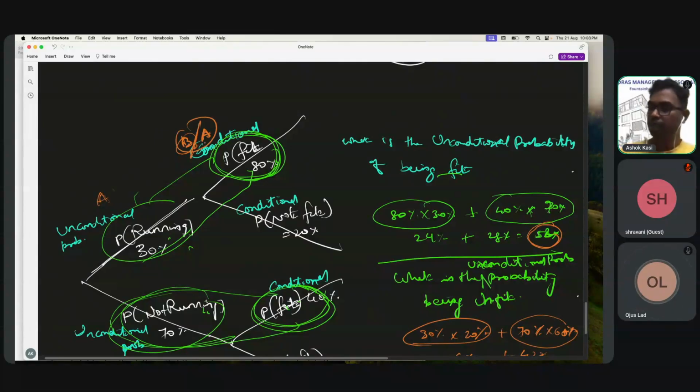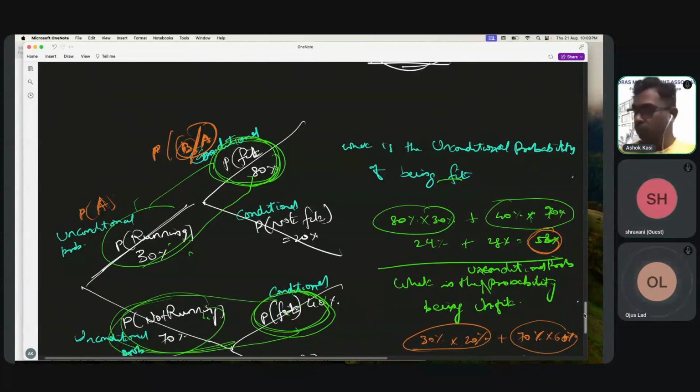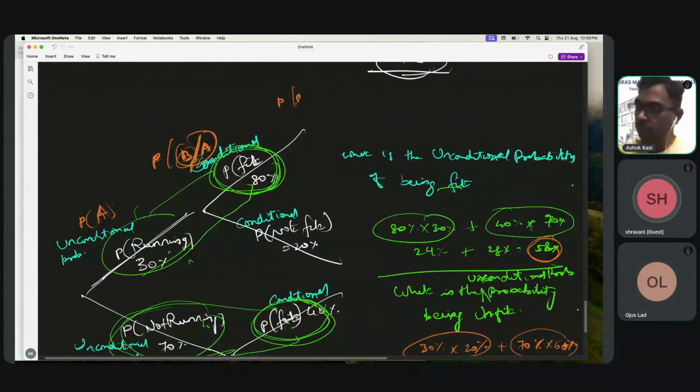And this is probability of A, and this is probability of B given A, and the joint probability is probability of A intersection B. So probability of running happening first and then fitness happening second, the joint probability is 24%.